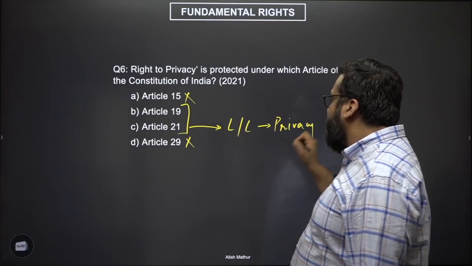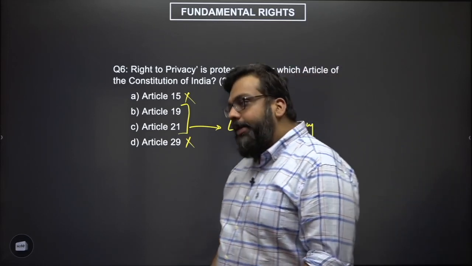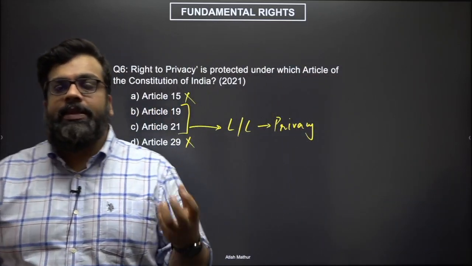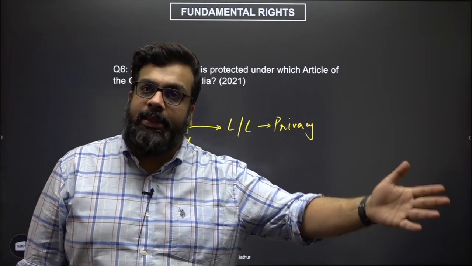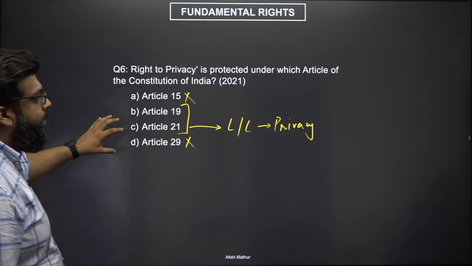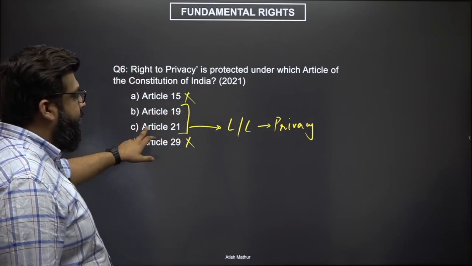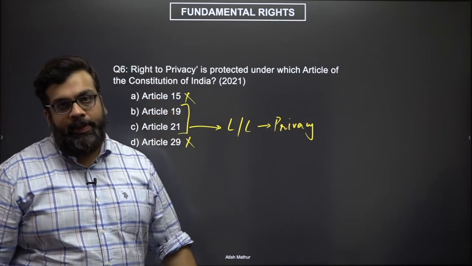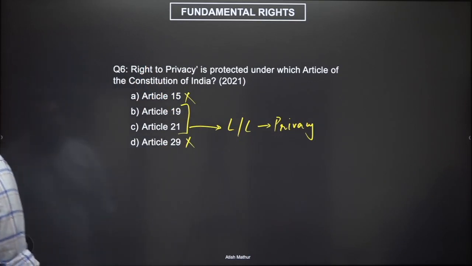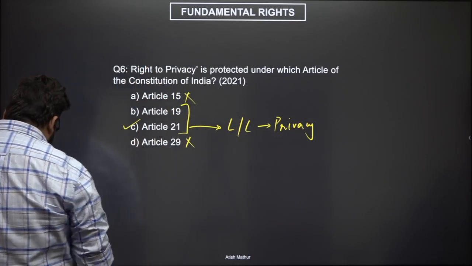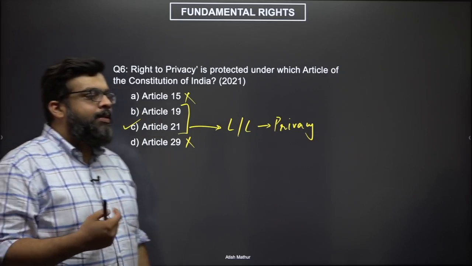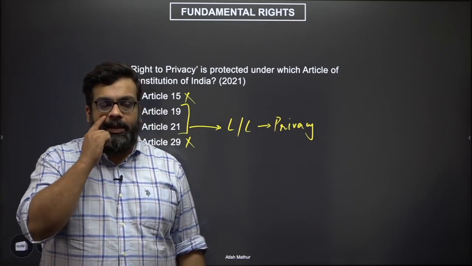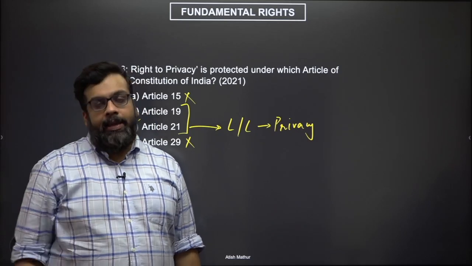That's what the Supreme Court also says, that Article 21 is primarily how the privacy right originates from, but it can also have manifestations in other rights. But the primary right which gives birth to the right of privacy is, of course, Article 21. Your answer would be C. Remember this, people often go wrong here. They commit a silly mistake because they think, why is the UPSC asking such an easy question? Why is the UPSC insulting our preparation?